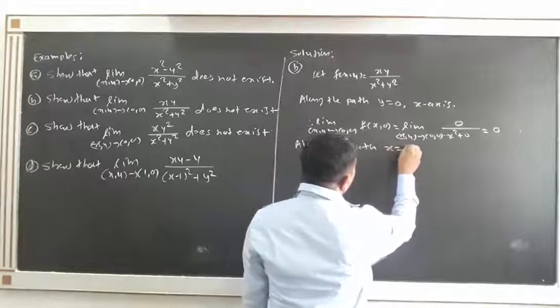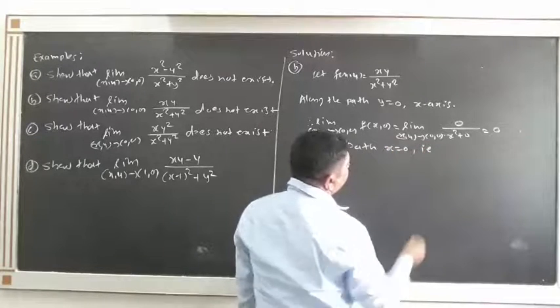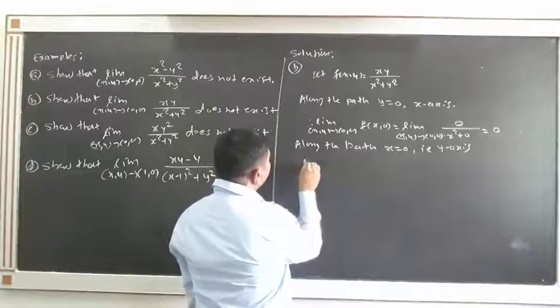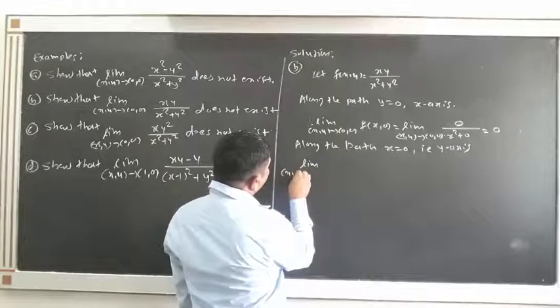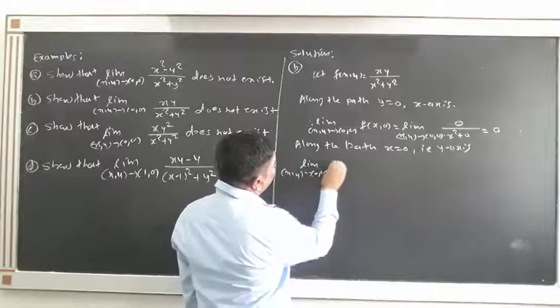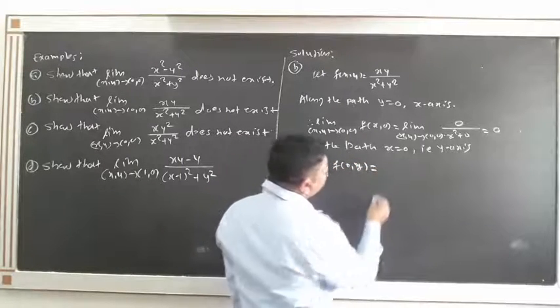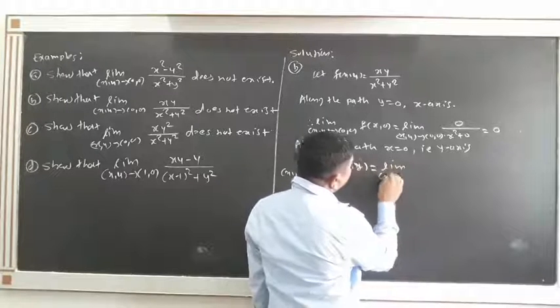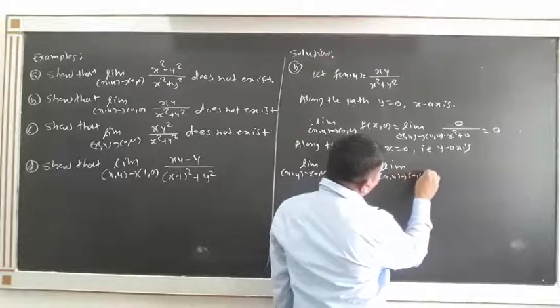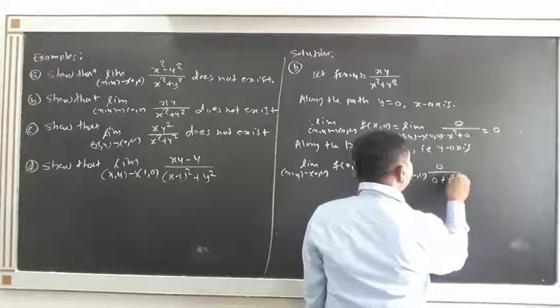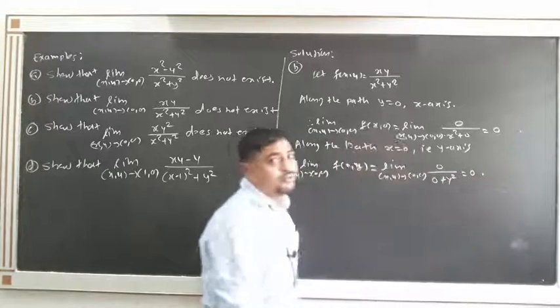Take another path, along the path x is equal to 0, that is the y-axis. Then the limit as (x,y) tends to (0,0) of f(0,y) is 0 upon 0 plus y square, which is equal to 0.